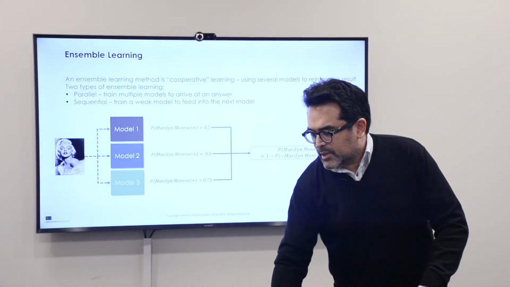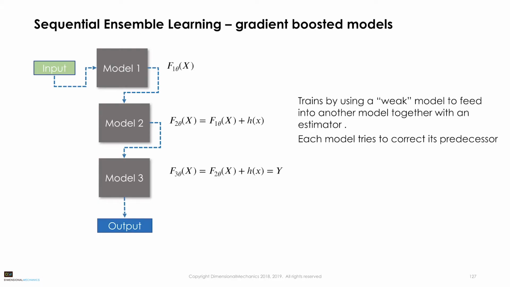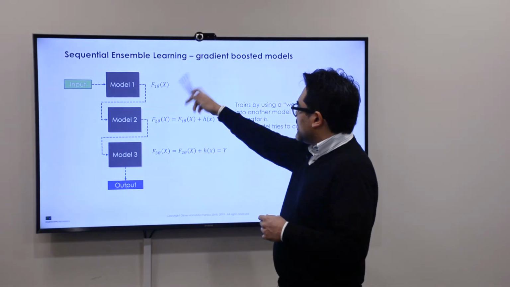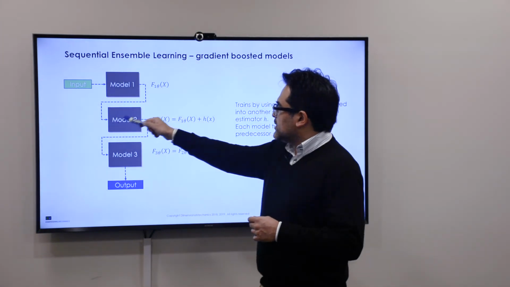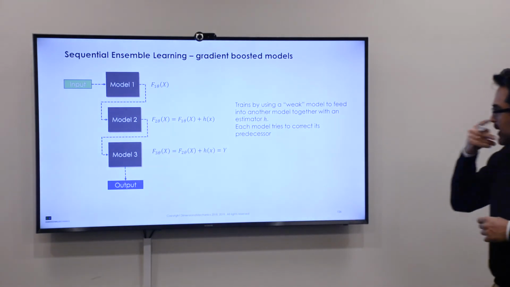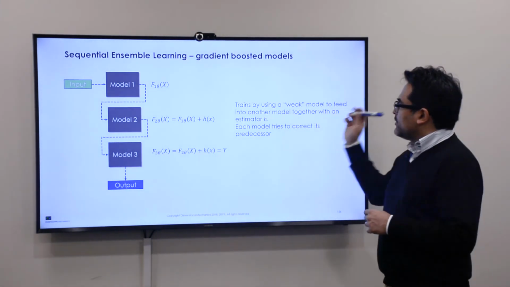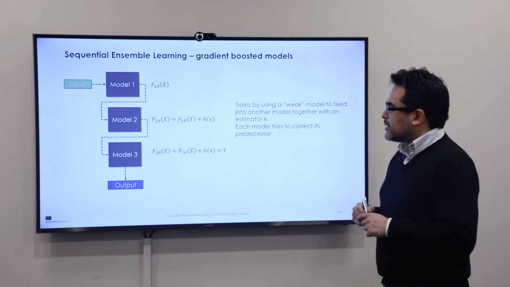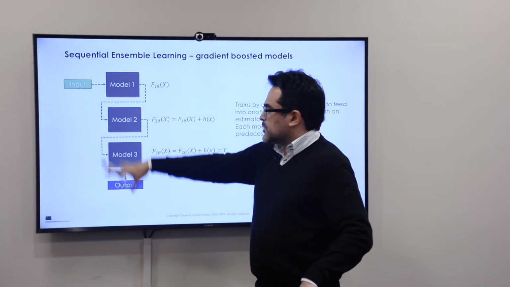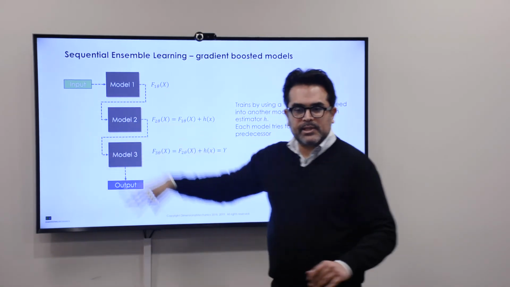There's a second one which is called sequential ensemble learning, which is called gradient boosting. Sequential ensemble learning is where you take a model, you essentially get a weak model, you put it into a second model, and then you put the response to a third model. Every time you do that, you feed it into another model with an estimator H, and each of these models will correct its predecessor.